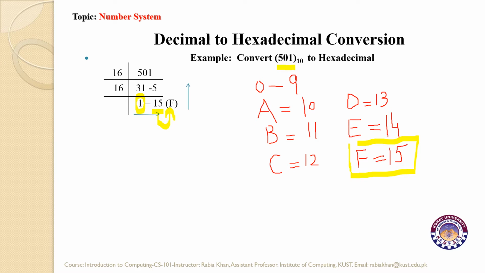As you know, in bottom up manner. 501 in base 10 is equal to 1F5. Here you can see 1 and F are written at the bottom, and the other is 5, which is written at the top. So we have to write the answer in bottom up manner. So the answer for 501 in base 10 is equal to 1F5 in base 16.